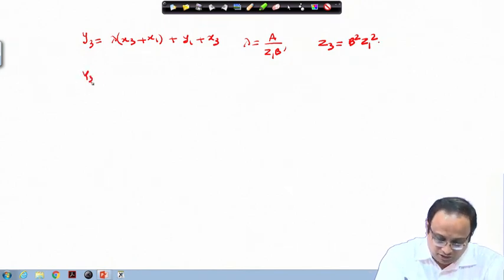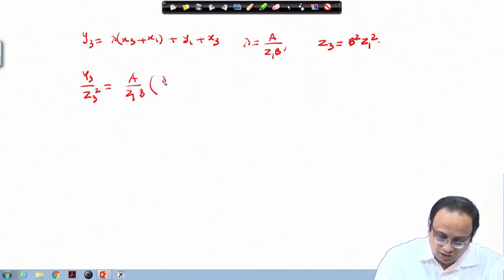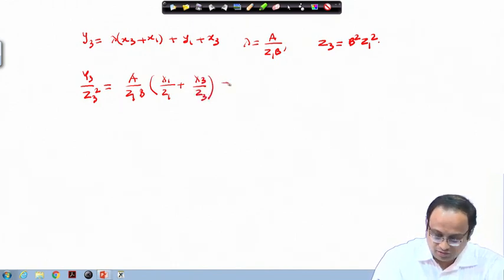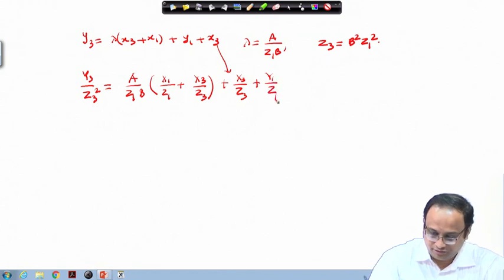We can write y3 in the projective coordinate as y3 divided by z3 squared, and that is equal to a by z1b into x1 by z1 plus capital X3 by z3 plus x3 by z3. So, that is from this term, and plus y1 by z1 square.